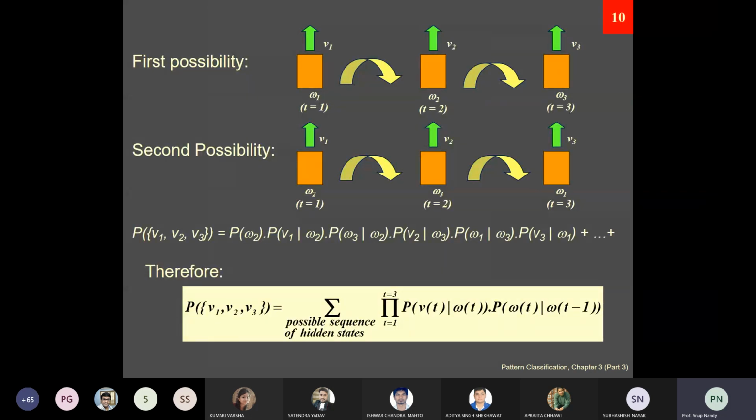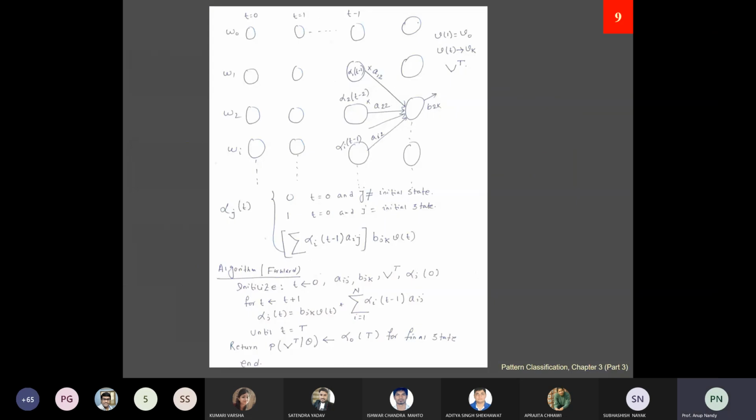Yes, possible. That is the alpha at t that you will have to return. If you see the algorithm, alpha j t is equal to bjk into vt, times the sum over i of alpha i t minus 1 into aij. These things will multiply and you have to return it for the final state.